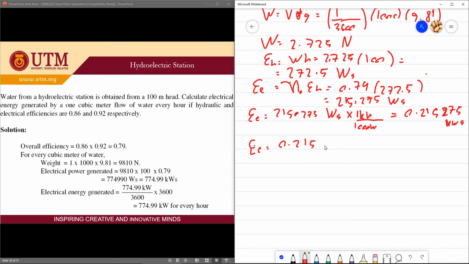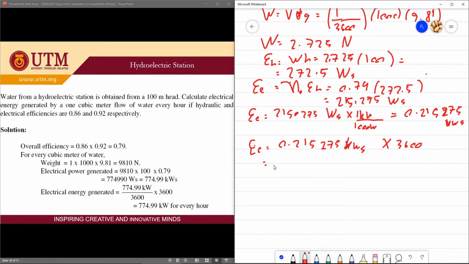So 0.215275 kilowatt second. Because you want to use this energy for 1 hour, you multiply by 3600 seconds.